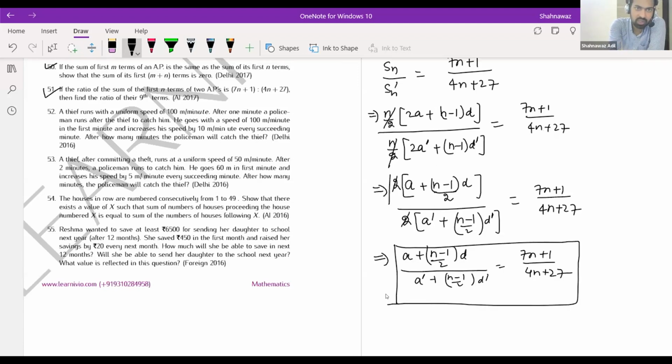Now in the question, what they are asking is that we need to find the ratio of their ninth terms.